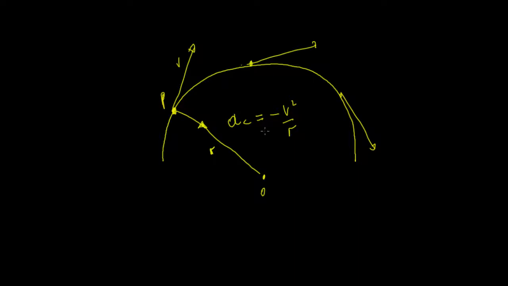The acceleration is given by the magnitude of that velocity squared all upon the radius, and the negative sign just tells you that the acceleration is pointing towards the centre. As this turns round, it's trying to collapse this point P into the centre O at all points. It's called centripetal acceleration because centripetal means centre seeking.